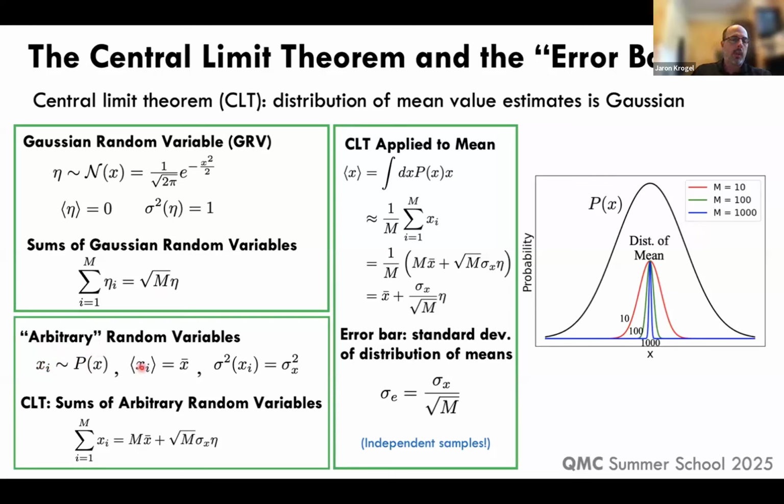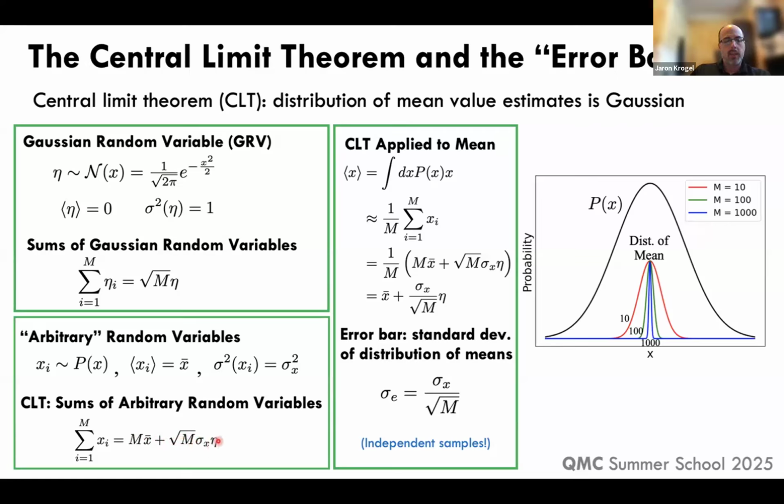If the mean of every xi is x bar, and the variance of each of these xi's is denoted sigma x squared, then the sum of all these random variates, the sum of m of them, you're going to get a distribution which is shifted by m x bar. So shifted by m copies of the mean, and it will have a statistical uncertainty of square root m times sigma x.